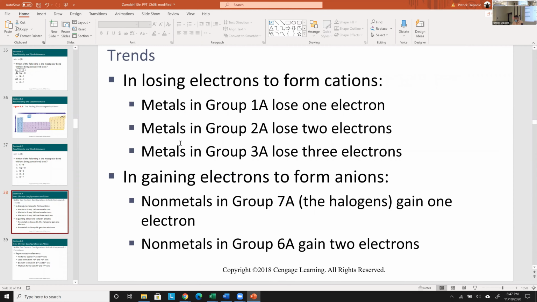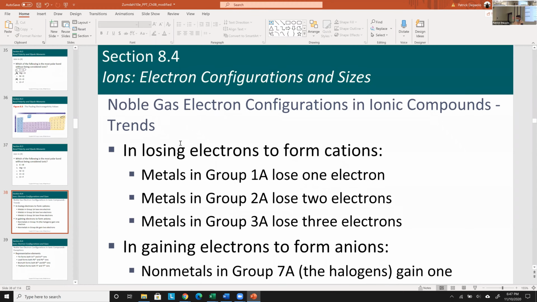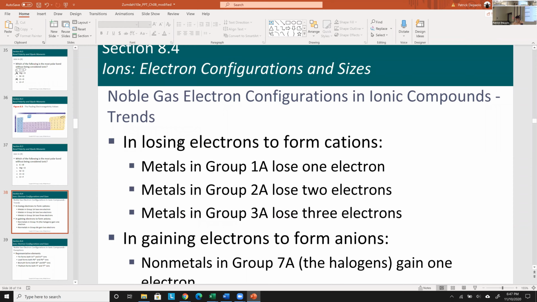Okay, so these are some things that we've already covered in the class, but it's just good to review a little bit. I'll just say them briefly, and it's your job to really have them down already. But the goal of all of these ions when they form, and we're kind of switching from covalent to ionic now, is to lose or gain electrons so they end up with a noble gas configuration.